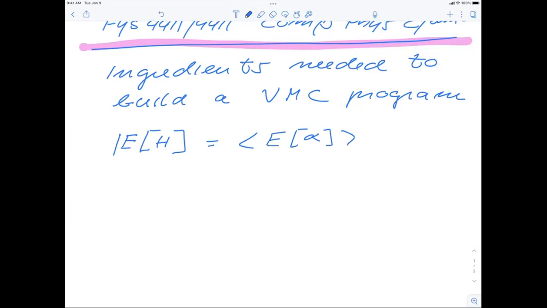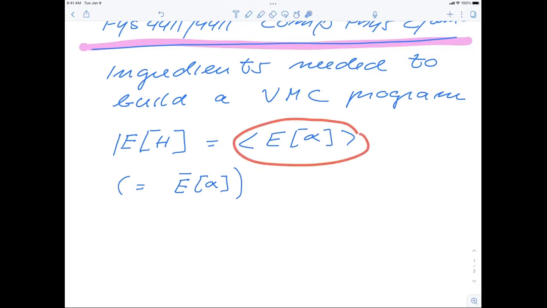Sometimes you will see this written with a bar on top of it, which is also another notation for an expected value. But the notation which you may have seen in many physics courses, for those of you who are physicists or quantum chemists, is the one which you see here. So I may change between this notation, the expected value of an operator H, and this notation here.